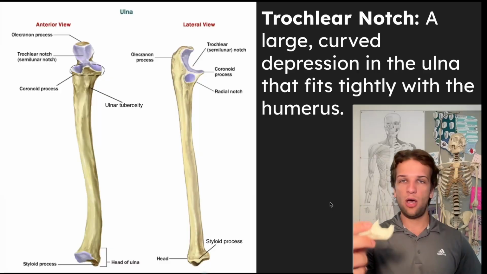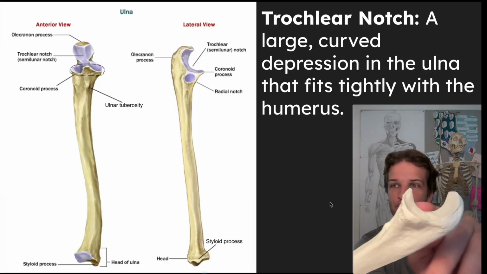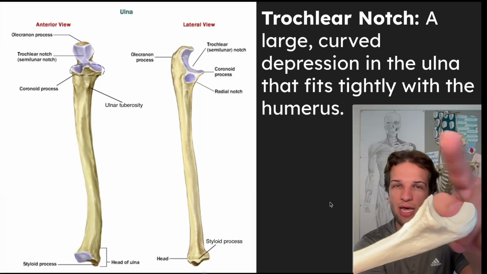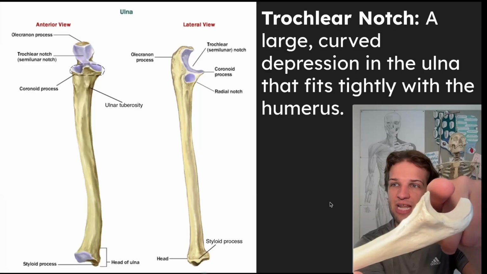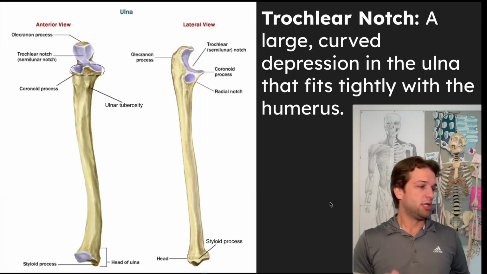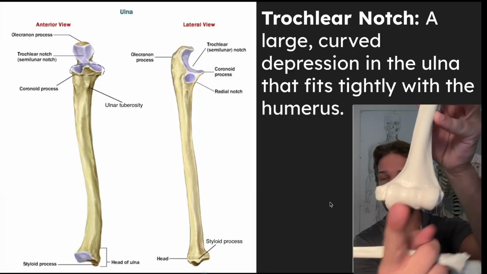In our ulna, we have this C-shaped section. We already talked a little bit about how these are slotting into things. But this notch right here is what is called the trochlear notch. This little track right here is the trochlea.